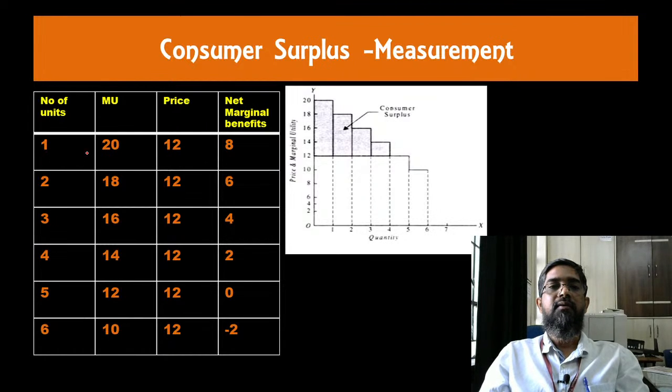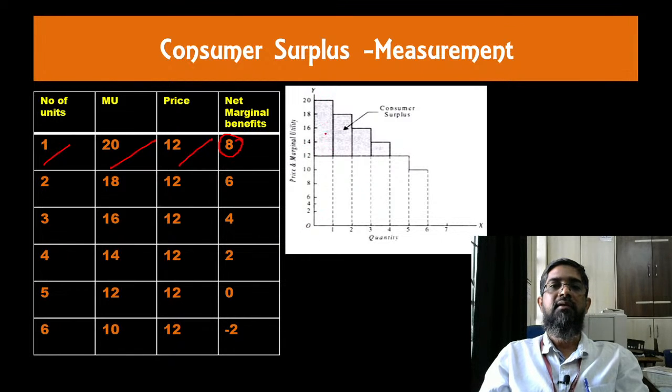When you consume the first unit of anything, say ice cream or banana or apple, you are getting a marginal utility of 20 and you are paying 12 rupees for an apple. So what is the net benefit? 20 minus 12, that is 8, and the same is shown here.